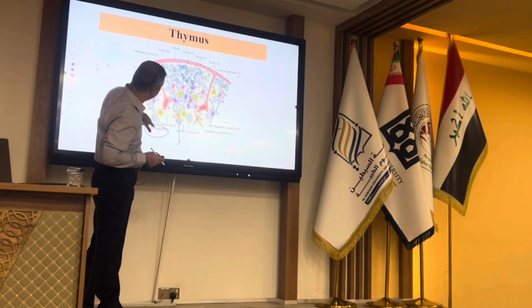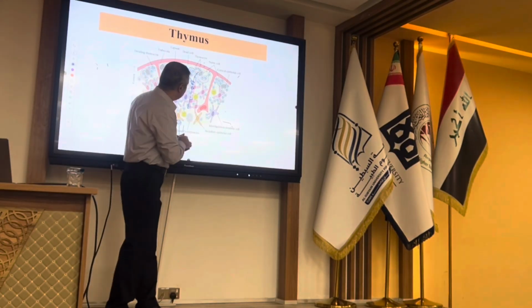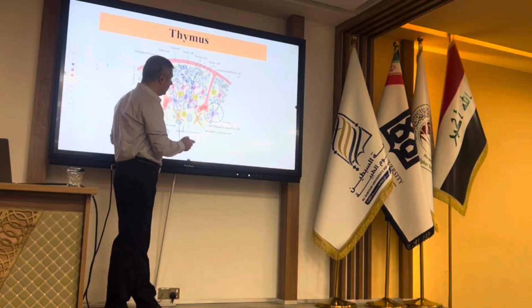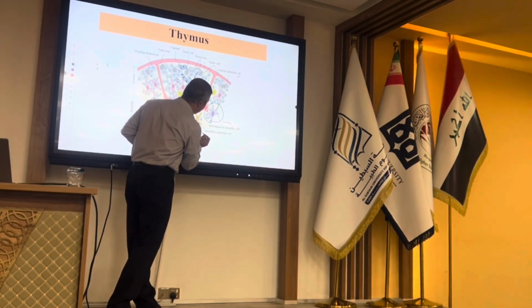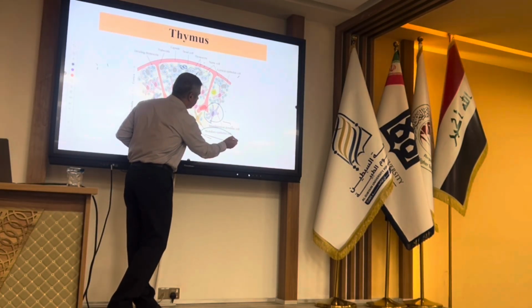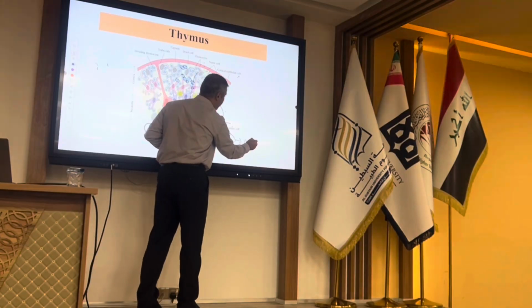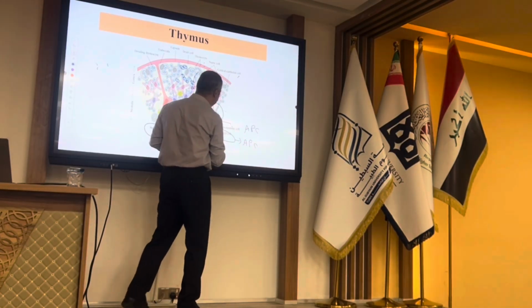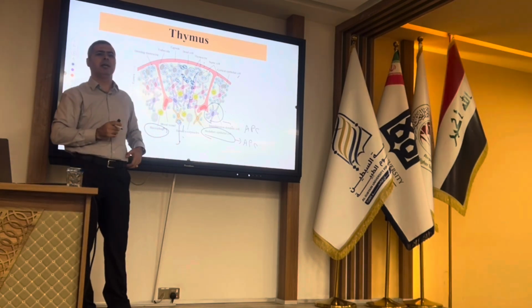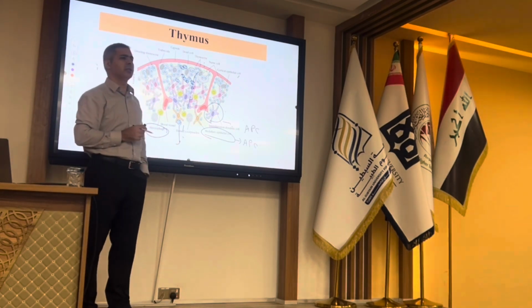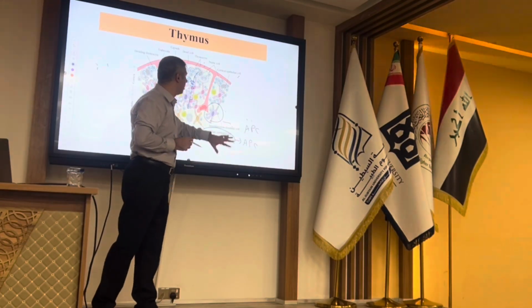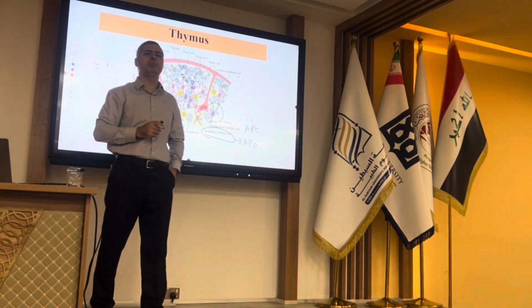We have some dendritic cells as an APC, and a specific type of epithelial cells that are APCs here as well. We have two types of APC here, dendritic cells and specific epithelial cells. Inside the thymus, those APCs are presenting antigen to the developing cells.